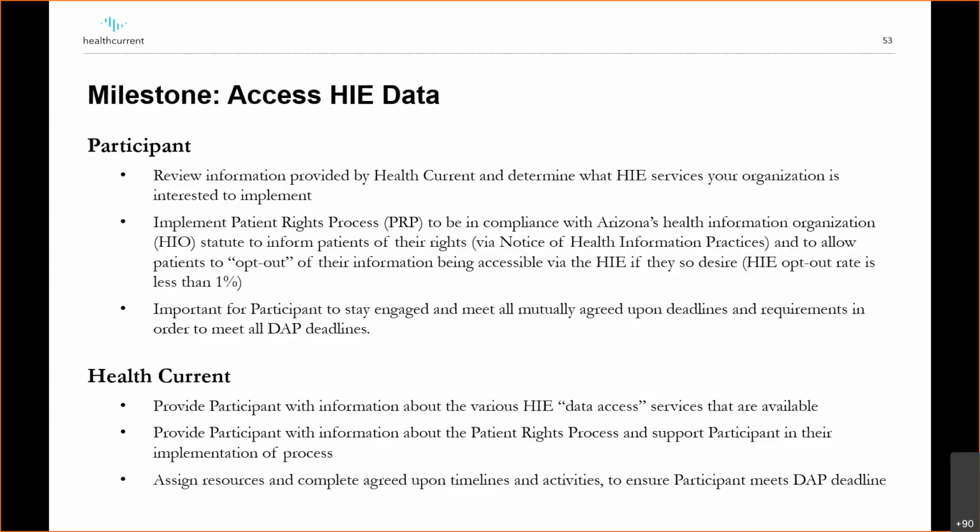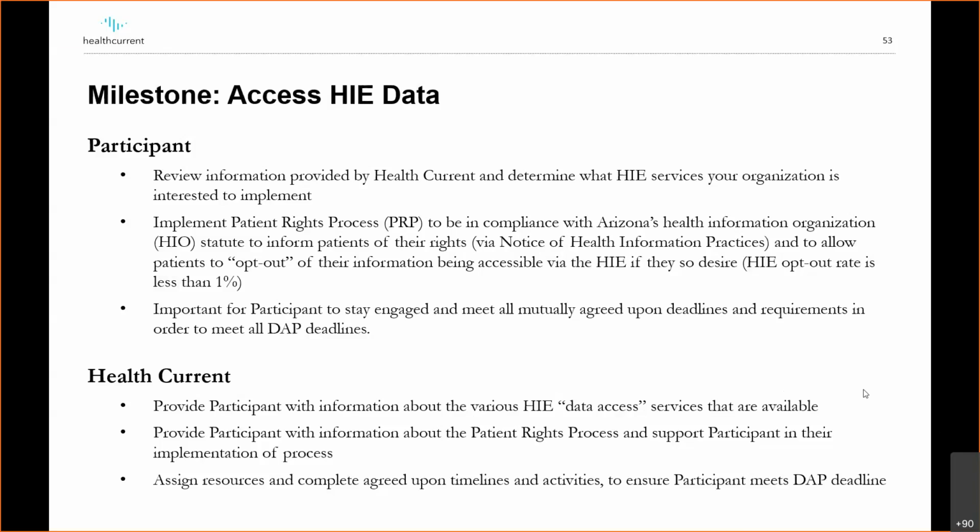You will also have to implement the patient rights process, and that can be overviewed with your account manager, or if you're not yet a participant, then recruitment would review that process with you as well. But it is to be compliant with Arizona's Health Information Organization statute and inform patients of their rights. It is important for the participant to stay engaged throughout this entire process so that we can meet these DAP deadlines.